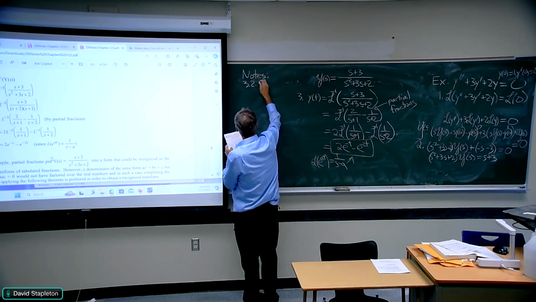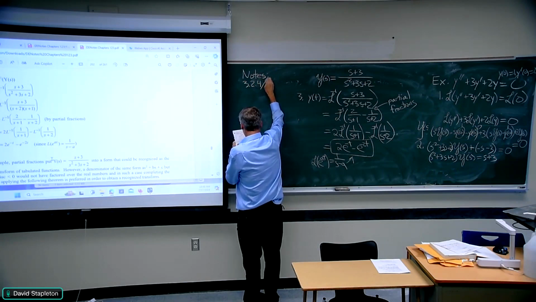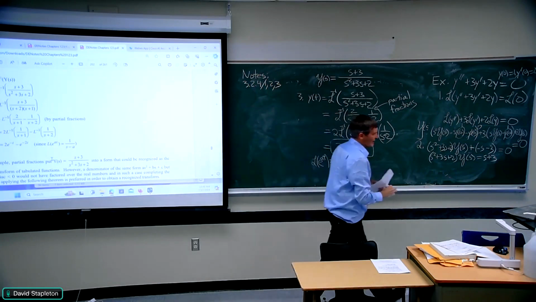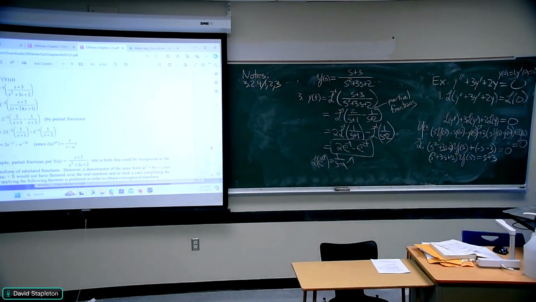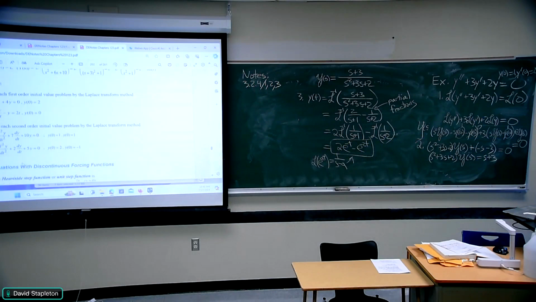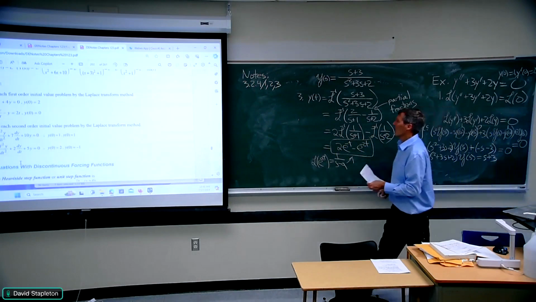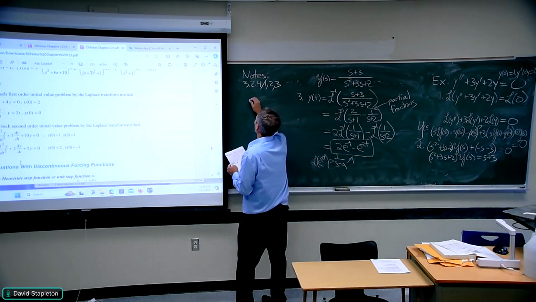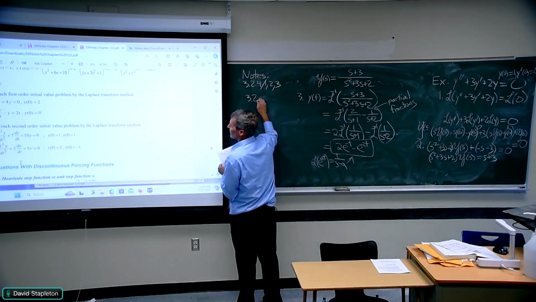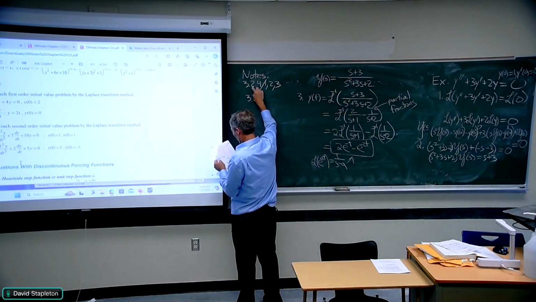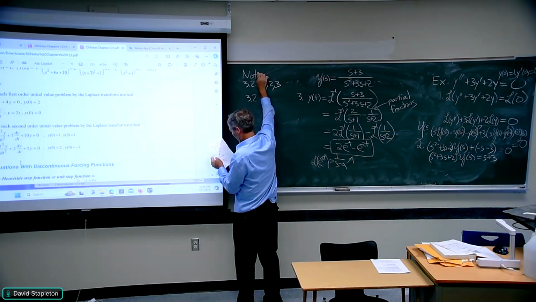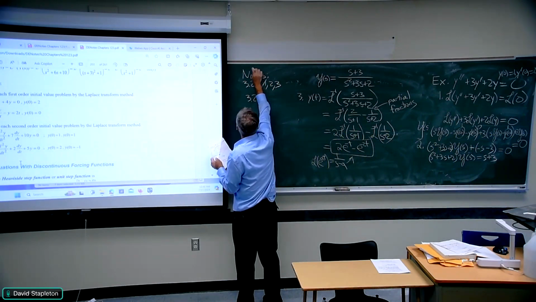Yes, 3.2.4 is what I'm giving you here. Look at 1, 2, and 3. Make sure I'm in the right section here. Okay, and those are Laplace transforms and inverse transforms. Oh, geez, it should be 3.4, 3.4.1. I wrote it down wrong.